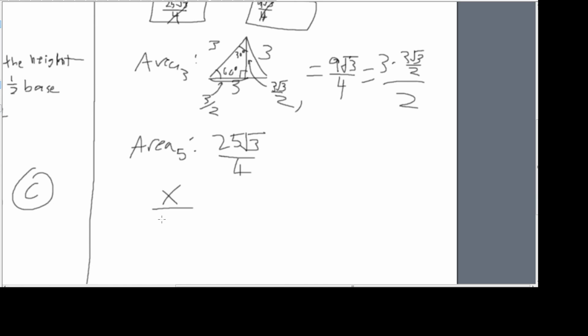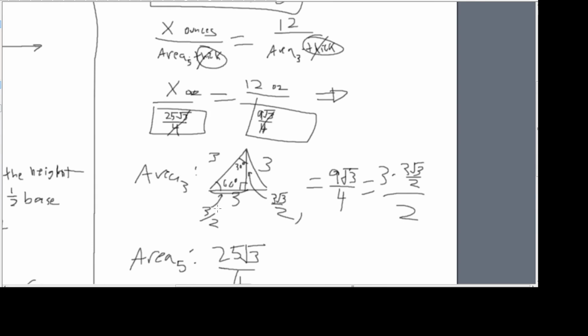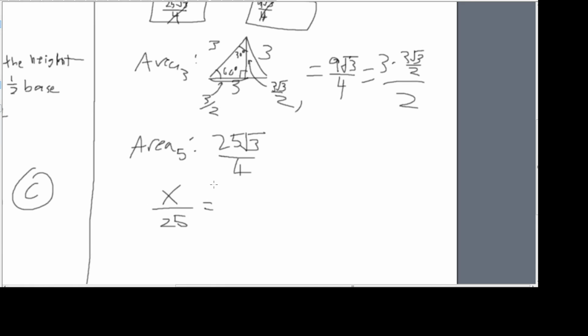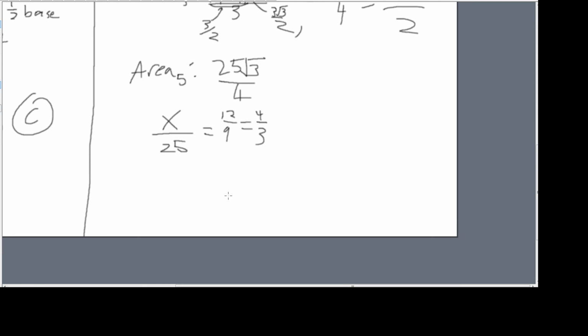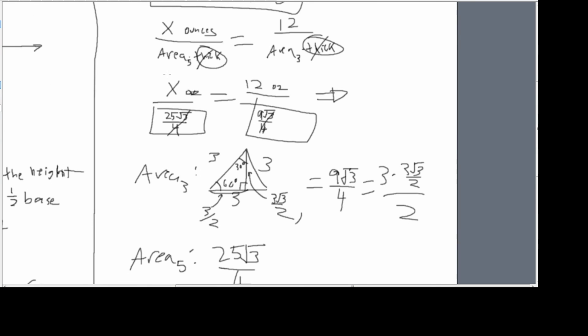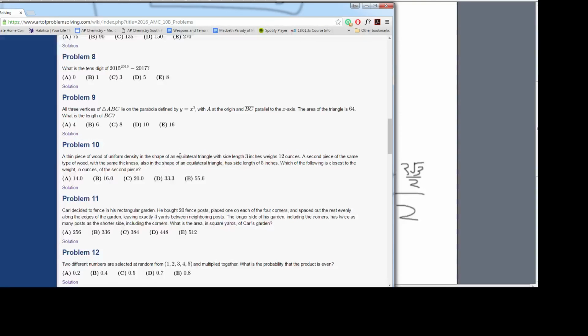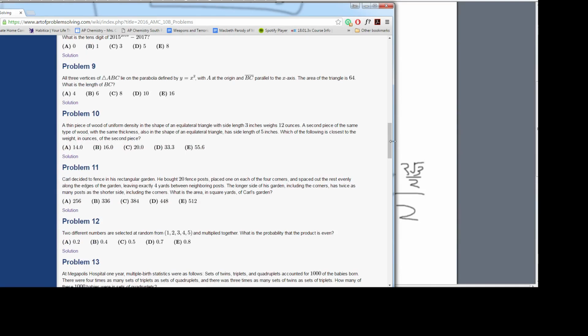So x over 25 is equal to 12 over 9, which is equal to 4 over 3. So 3x is equal to 100. So x is equal to 33.3. And then you have D is your answer, because x ounces, what is the ounce of the second piece? So you have D.